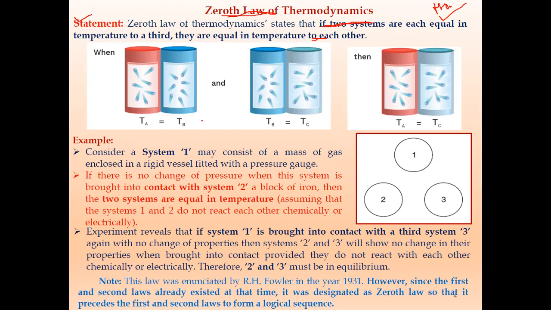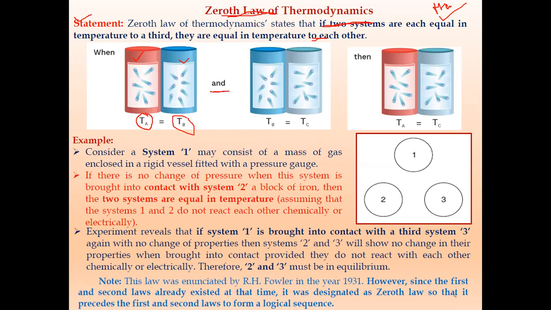So for example, this is the first system and this is the second system. Temperature Ta is for system A, Tb is for the second system. And if these two systems have equal temperature, that is Ta equals Tb.